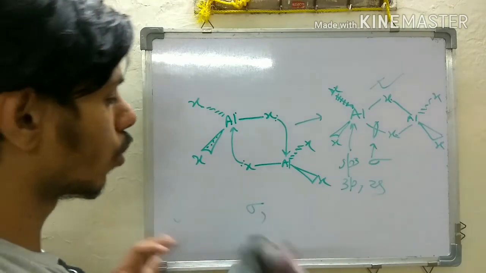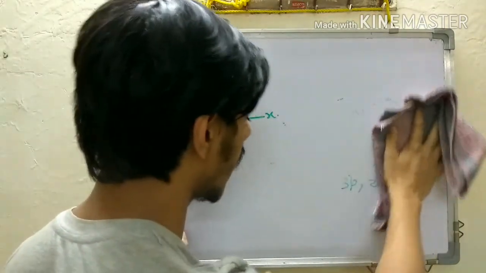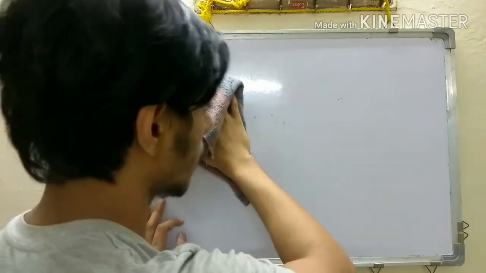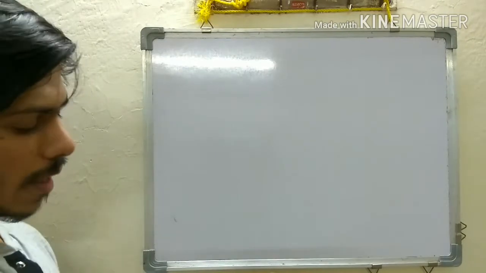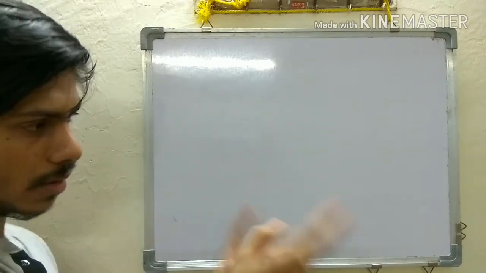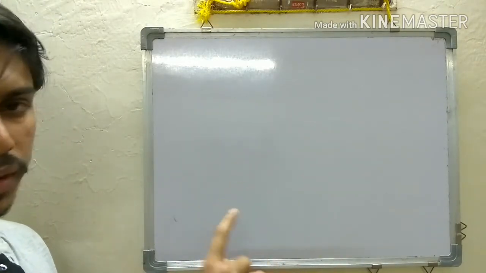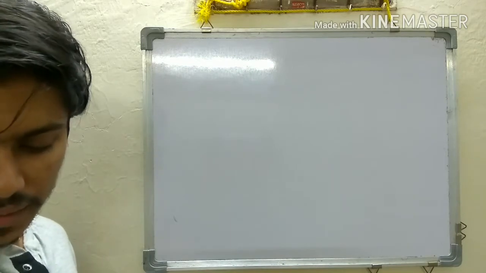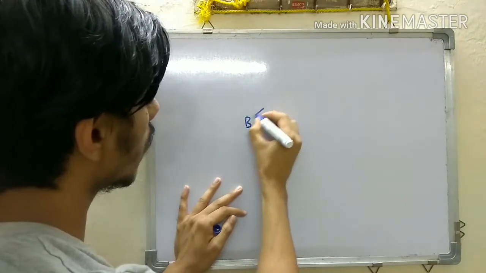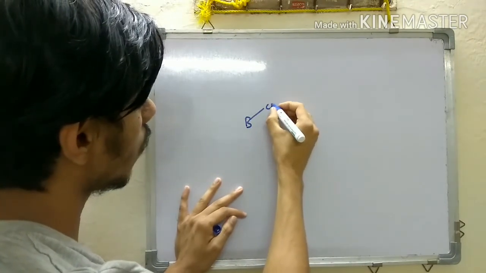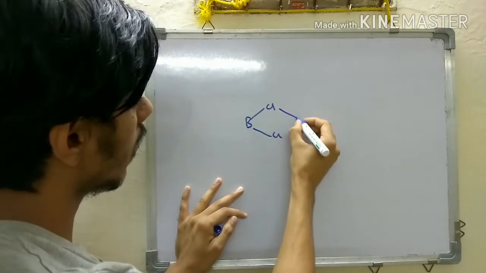Now why do boron halides not show this dimerization? First of all, they are already stabilized by pi bonding interaction, and secondly, these type of dimers are not favorable for them because boron atoms are smaller.